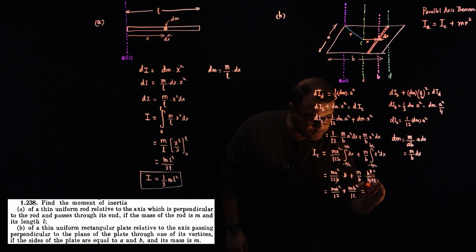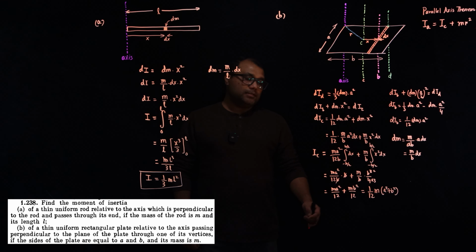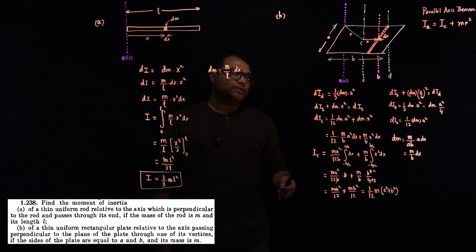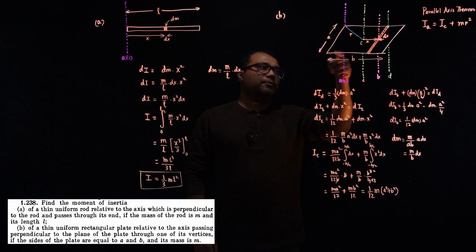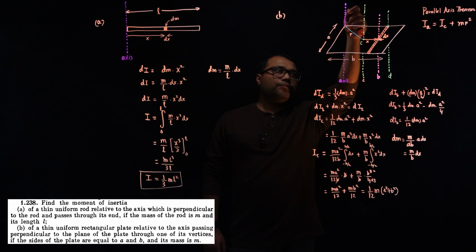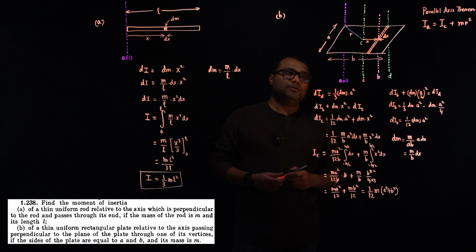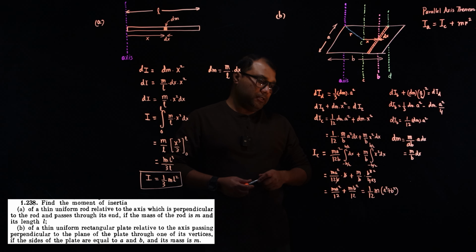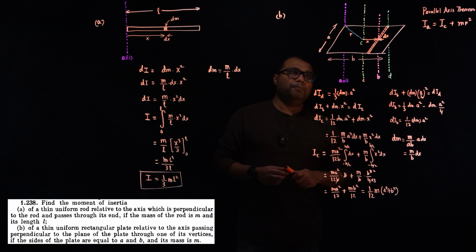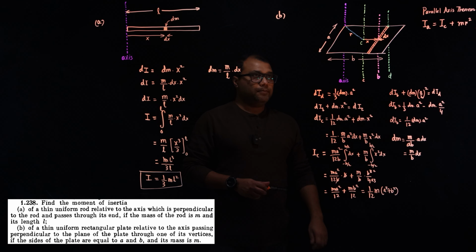So it came out to be 1 by 12 m (a square plus b square). Again, this is a known result, but I just did the derivation. So we know for a plate of sides a and b, if we calculate the moment of inertia about an axis which is passing through the center and perpendicular to the plane of the plate, it is 1/12 m (a square plus b square).